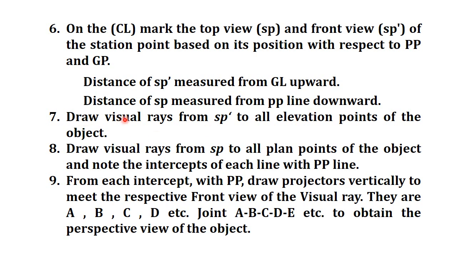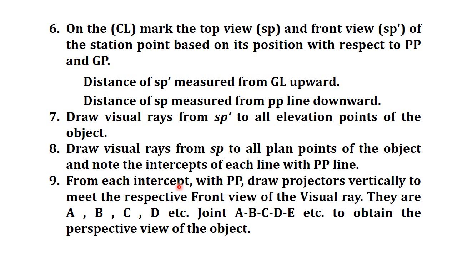Now draw visual rays from SP dash to all elevation points of the object. Then draw the visual rays from SP to all plan points of the object, all the top view points, and note the intercepts of each top view visual ray with the PP line.